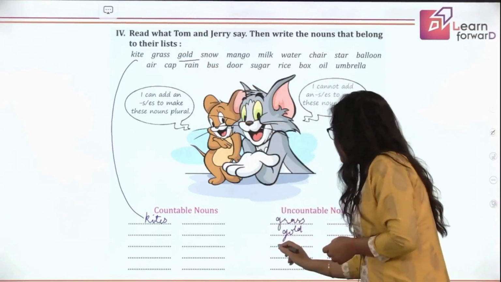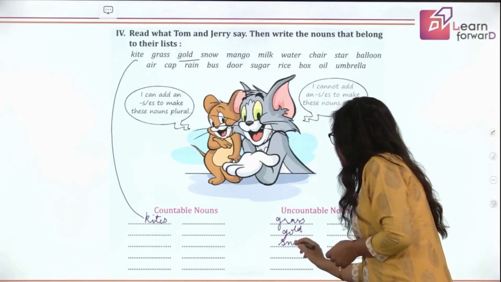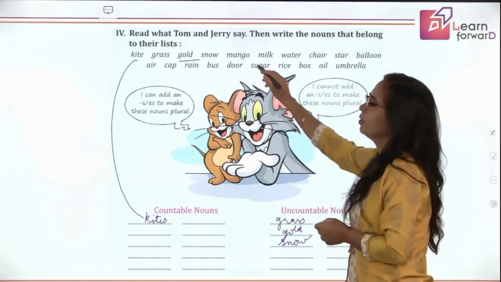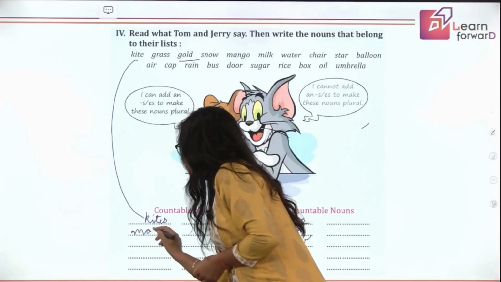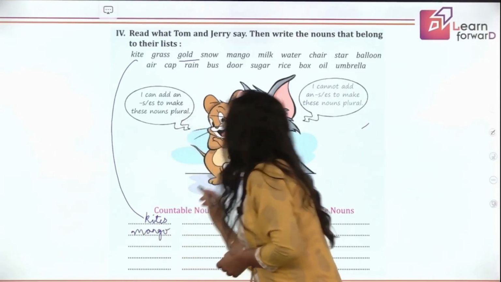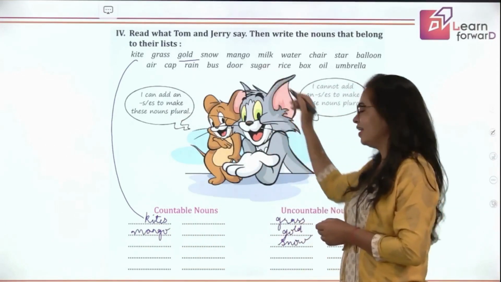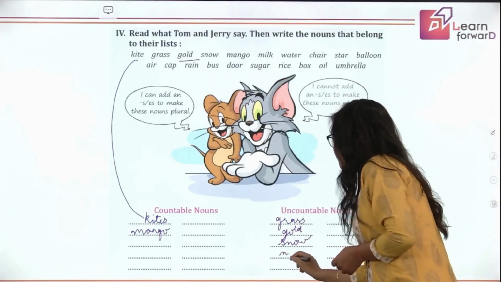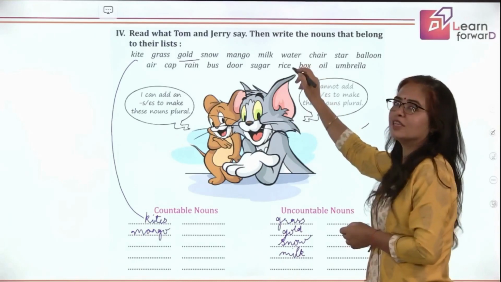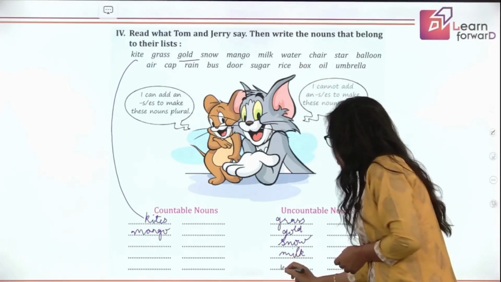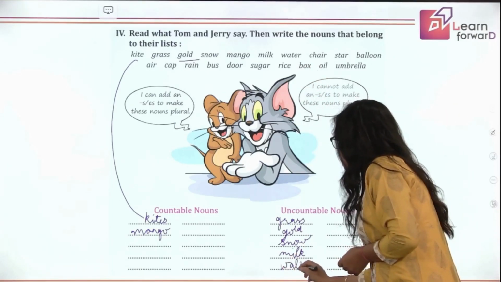Yes, there is no plural. So it is again uncountable. Your favorite fruit has its plural. So it is countable. Again, a liquid I have told you. Brilliant students, you have the answer there. Water.